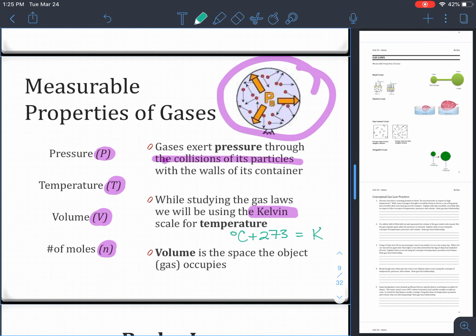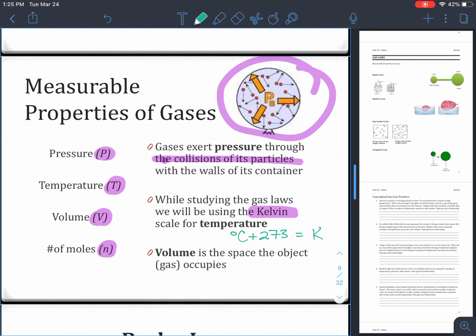So if we take a look at this little picture here, we see a particular volume of gas, and these gas particles are moving around in this container, exerting pressure on the walls every time they hit the walls. Now, if we remove the amount of space that the gas has to move and we squish it into a smaller area, I want you to think about drawing air into a syringe, covering the end, and then pushing the plunger inward.